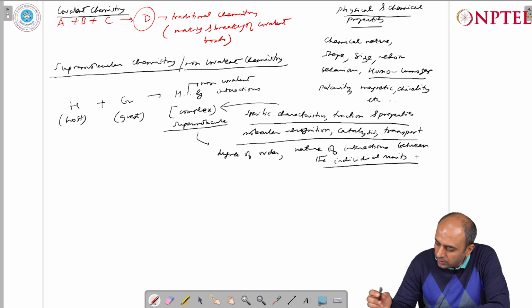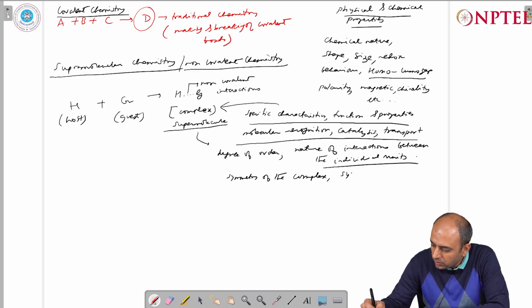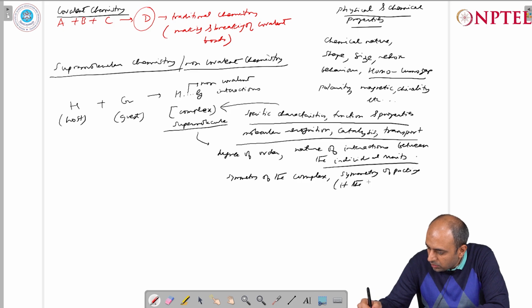And we are also interested to know the symmetry of the complex and the symmetry of the packing if the complex is a solid.